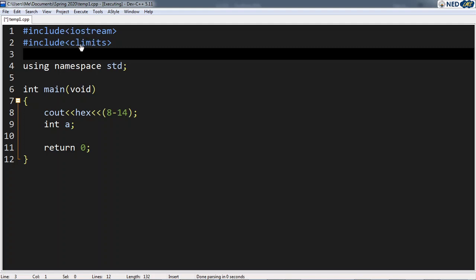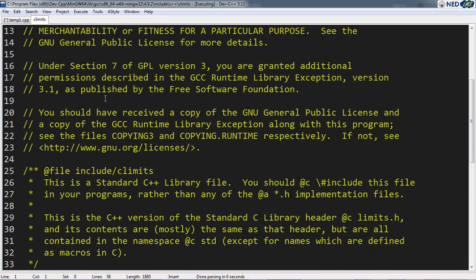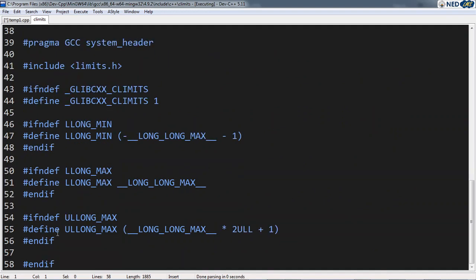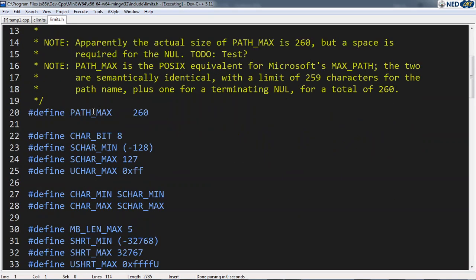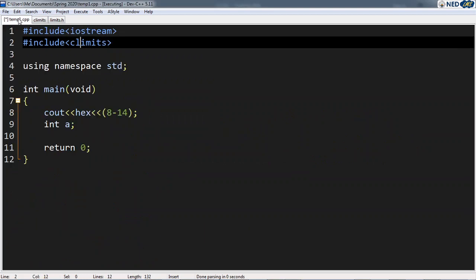So I'm pressing control, and if I click this C limit header file, this is a forwarding header, and it has the definitions of the limits of these files. Let me rephrase what I did.